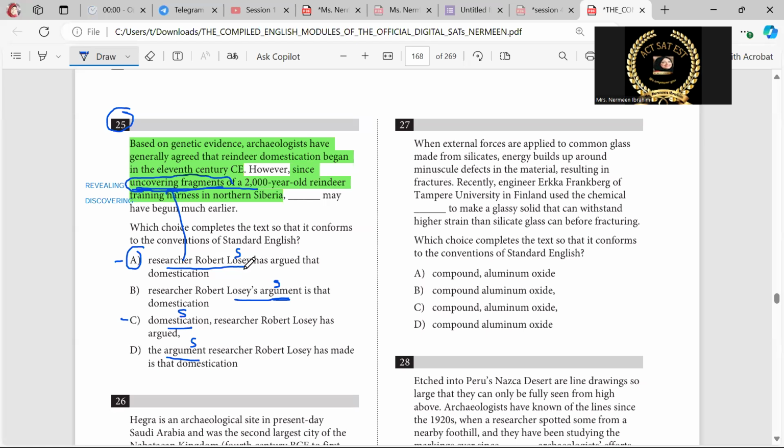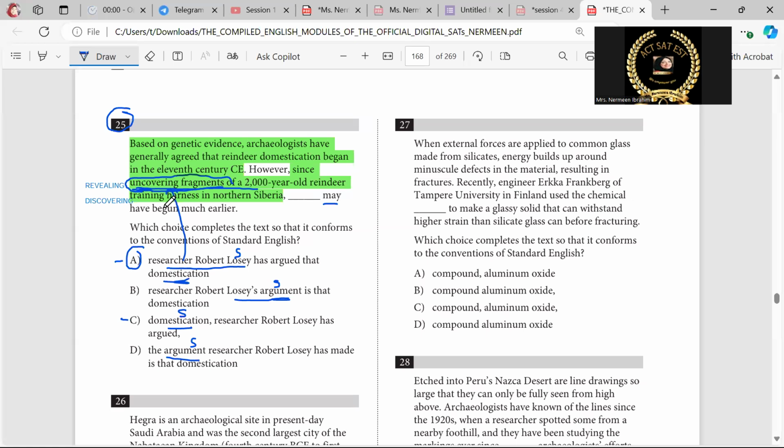Definitely, Robert Losey is the one who uncovered the fragments of a 2,000-year-old reindeer training harness in northern Siberia. So he has argued that domestication may, you see, domestication is written here.